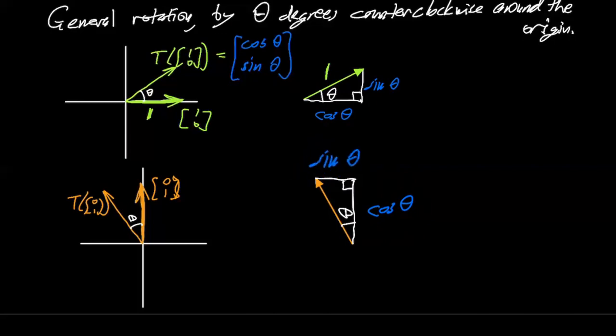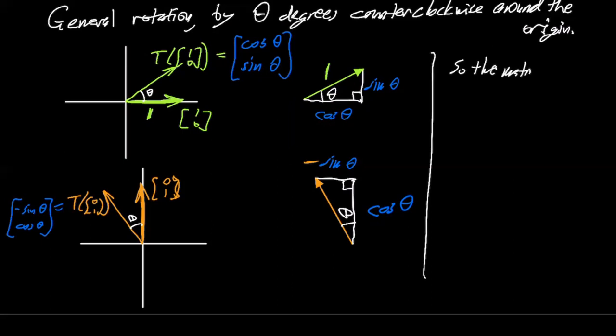Except I claim this has a negative sign in front of it now because it's going to the left, in the negative x direction, right? So it's the exact same picture, just turned 90 degrees. And that means that T of 0, 1 has x coordinate minus sine theta, and y coordinate cosine theta.